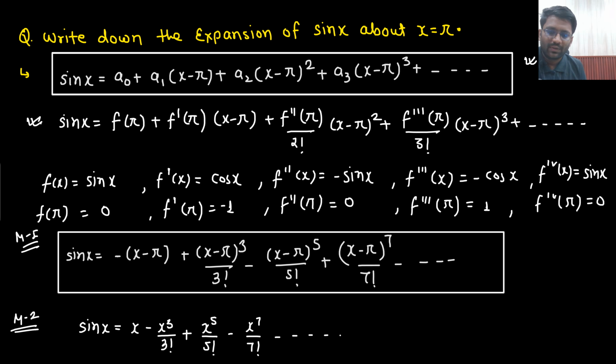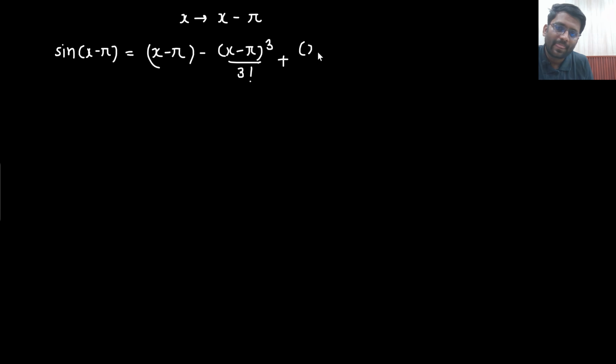So sin of x minus pi would be equivalent to x minus pi minus x minus pi whole cube divided by 3 factorial plus x minus pi to the power 5 divided by 5 factorial minus x minus pi to the power 7 divided by 7 factorial. Is that the answer?